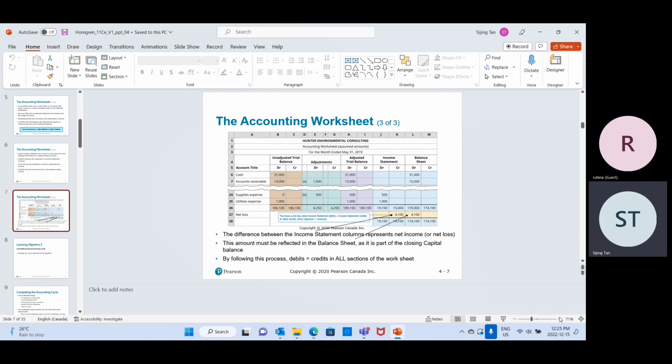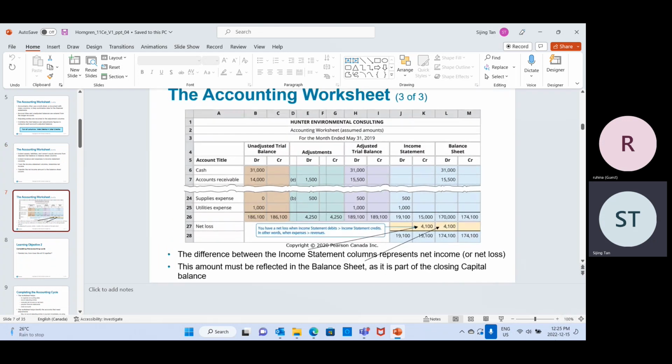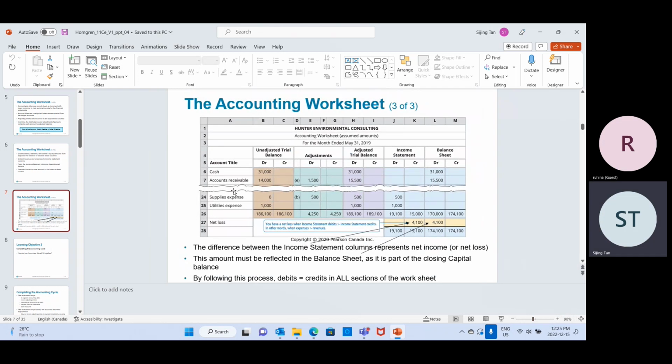Here we go. This is our example coming from our textbook. The worksheet begins by listing the account titles, always on the left side, and then we enter the trial balance directly into the first columns of the worksheet. Then we enter the adjusting entries in the next 2 columns. Those are the numbers that have already been done, right? So you know exactly, for example, the adjusting entry for accounts receivable is $1,500 on the debit side.